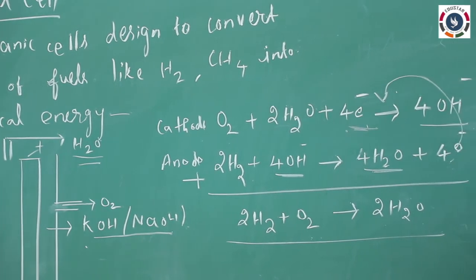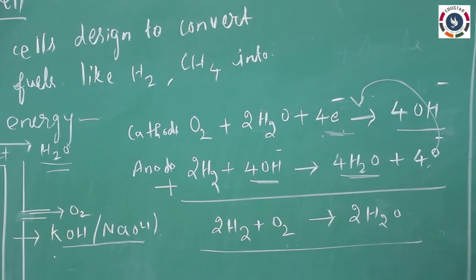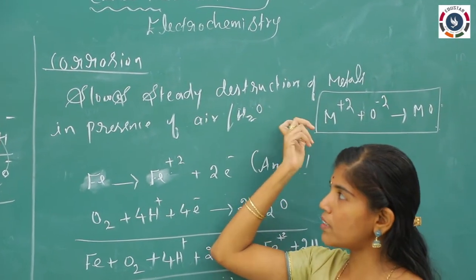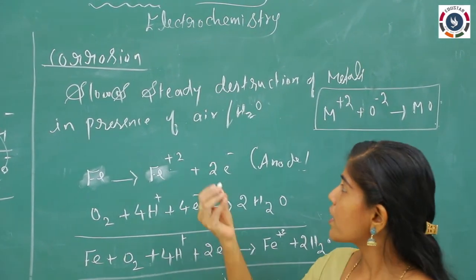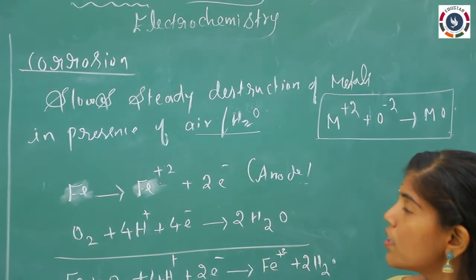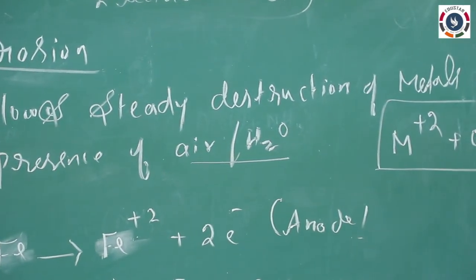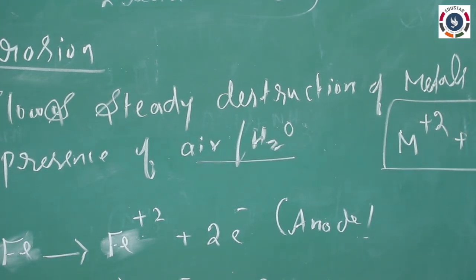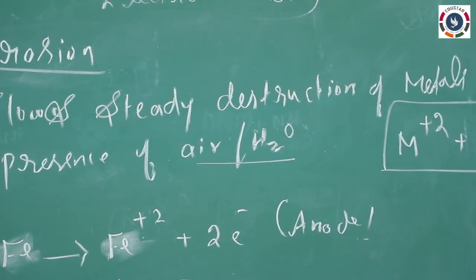Now, moving to corrosion. So, what is corrosion? This is the slow and steady destruction of metals in the presence of air or water. Corrosion is divided into 2 types: dry corrosion and wet corrosion.